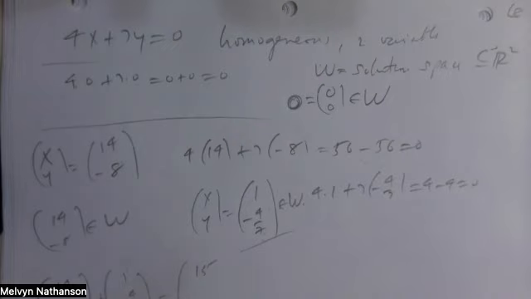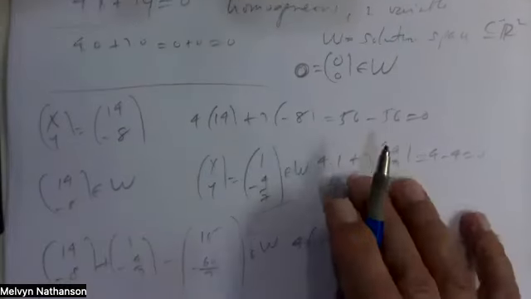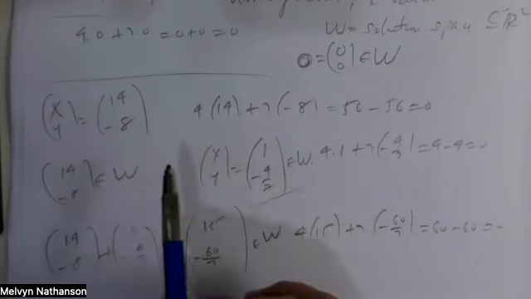Minus 8 minus 4/7, I think this is minus 60/7. So 4 times 15 plus 7 times minus 60/7 is 60 minus 60 is 0. So this is also in W. So this is just an example.